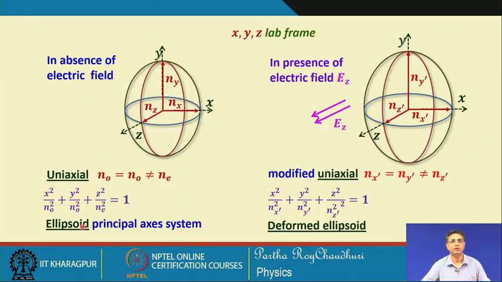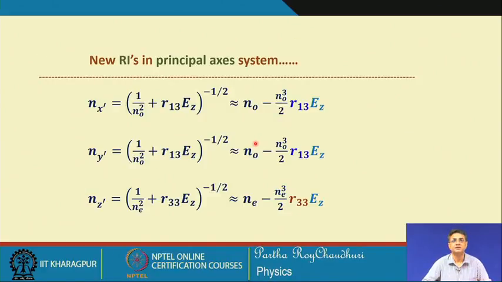Now, after you have applied the electric field along the z direction, E z, it is going to affect all the n x, n y and n z, but it still remains uniaxial, and the ellipsoid does not undergo any rotation, only its size changes in terms of the new refractive indices n x prime, n y prime, which is again not equal to n z prime. You may like to go back and see the changes.